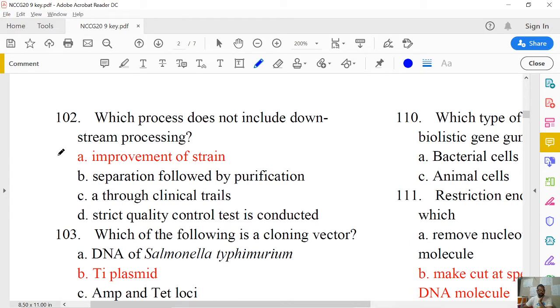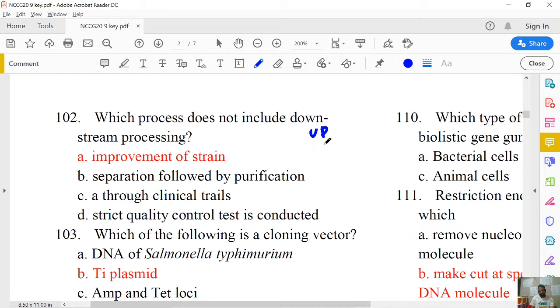Which process does not include downstream processing? The total biotechnological process is divided into three different stages. One is the upstream process, followed by the production.